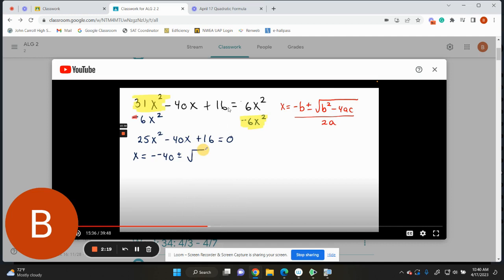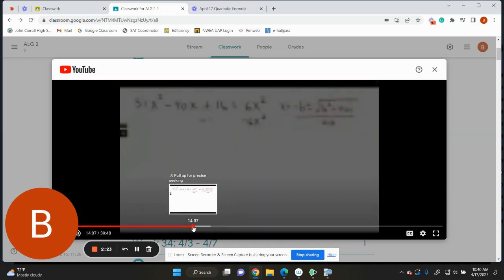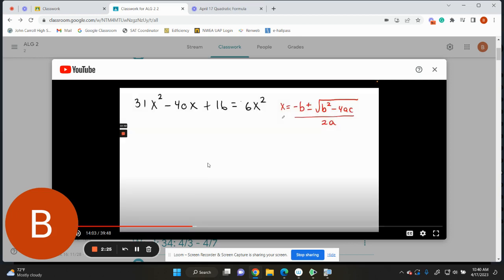So on this problem, we have to subtract the 6x squared. And when we subtract the 6x squared, we again combine our like terms, but we're combining it with the 31x squared.